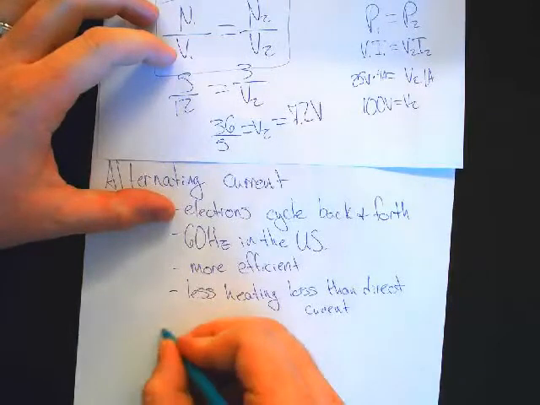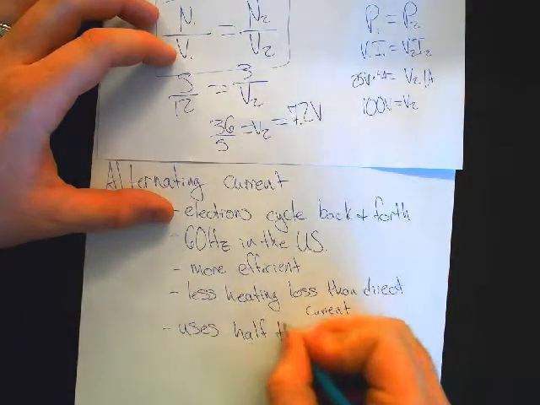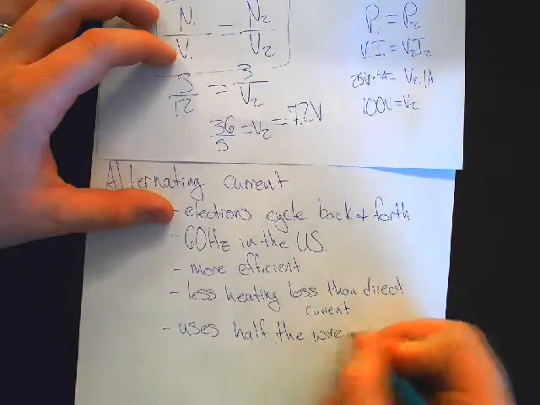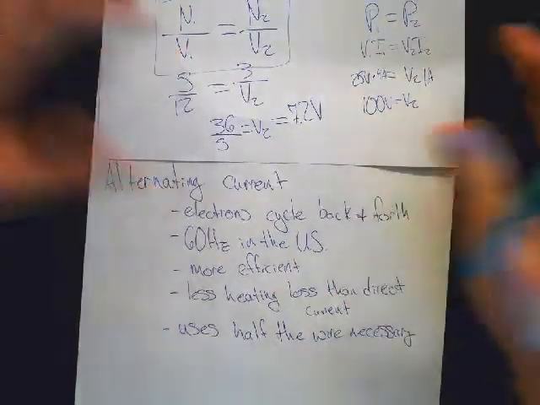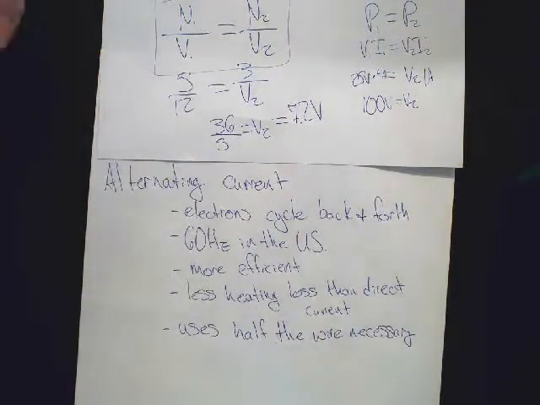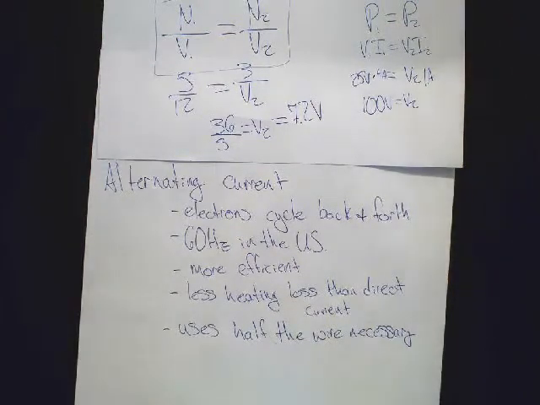So it also uses half the wire necessary. Now Edison, of course, being a stuck-up prick, tried to prove Tesla wrong and make it show that it was dangerous. But Tesla was like, yeah, no, I'm smarter, and here's how it works. And that's what we use today.